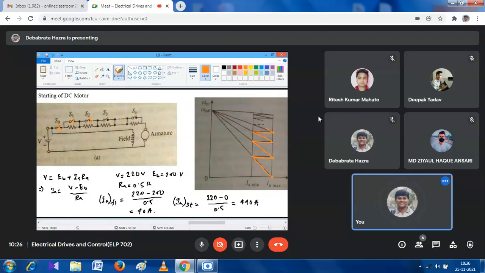It will go to its operating point. So this is the operating point of that motor, and we close all the switches.